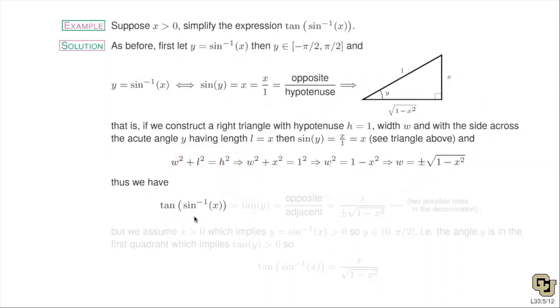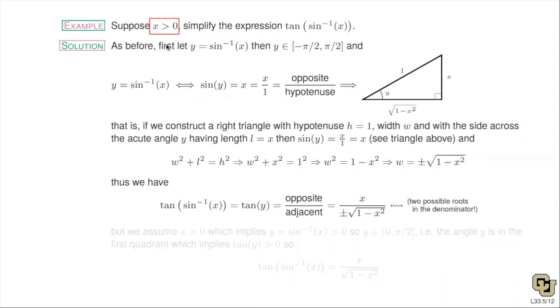Now we can take the tangent of arc sine, the tangent of that angle, and the tangent is opposite over adjacent. Here the opposite is x, and the adjacent is plus or minus square root of 1 minus x squared. As I mentioned, there are two possible roots in the denominator, so I need to get rid of one of them. There's still one piece of information we never used, and that's x is greater than 0. How does that help?